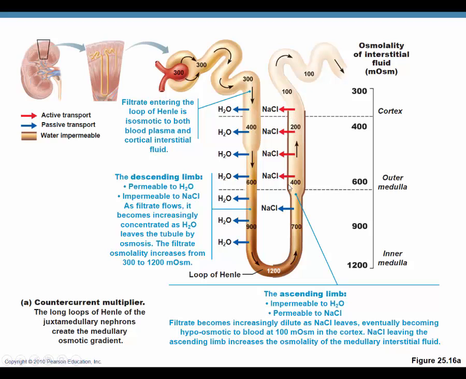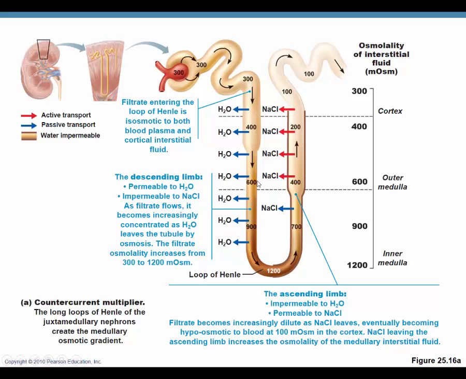Because only salt can leave on the ascending limb, so the water has to stay. So it becomes more and more dilute as we move upward. And if we keep pulling salt, as we get up here to the distal convoluted tubule, it's less concentrated than when we started because we pulled so much salt out of it in this thick ascending limb.